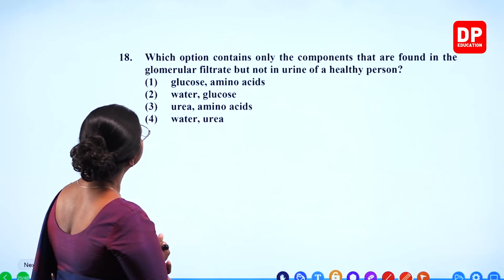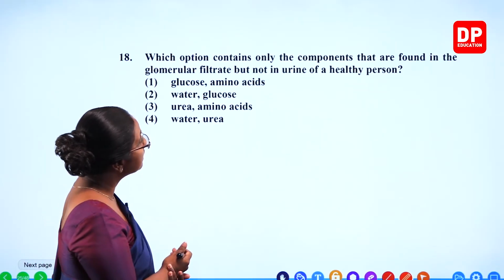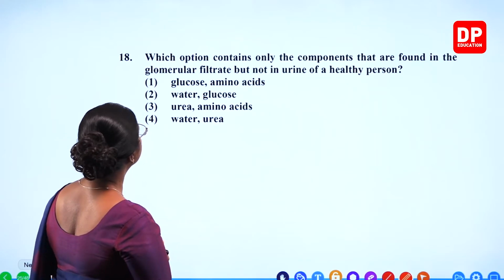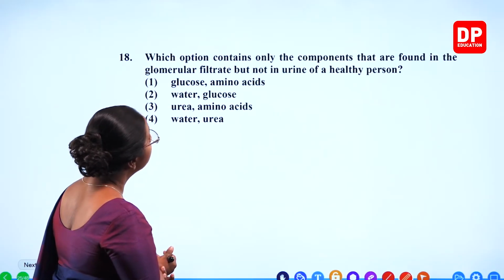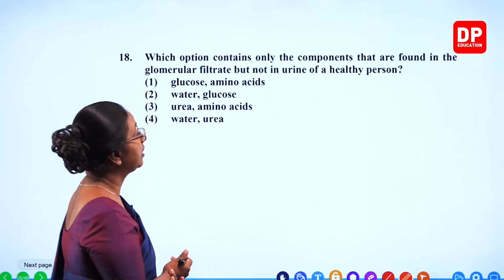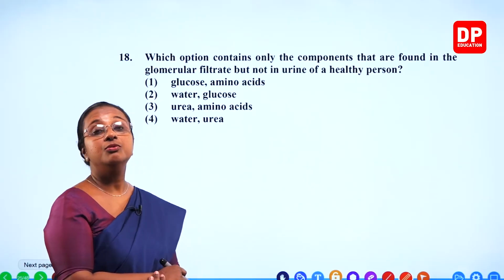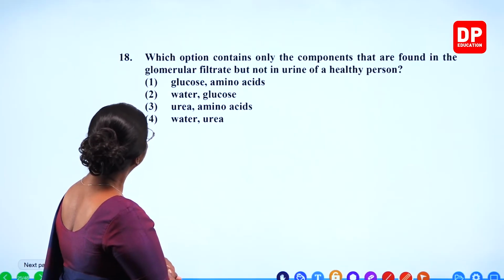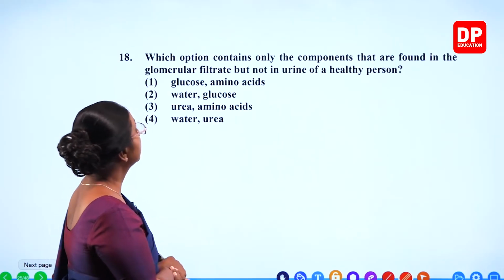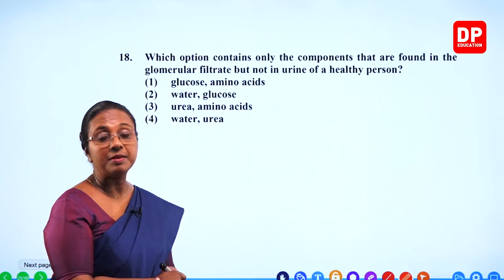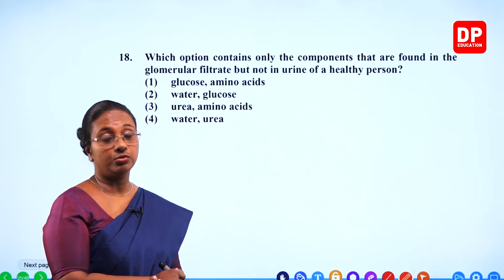So, here, which option contains only the components that are found in the glomerular filtrate but not in the urine of a healthy person? So, you cannot have it in the urine of the healthy person. First one, glucose, amino acid. Both of them cannot be present in urine.